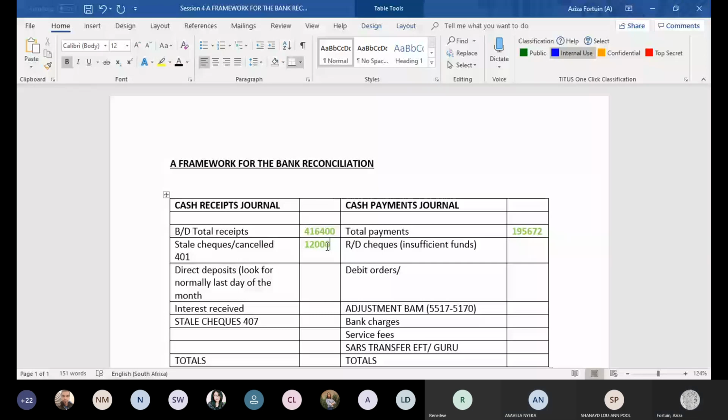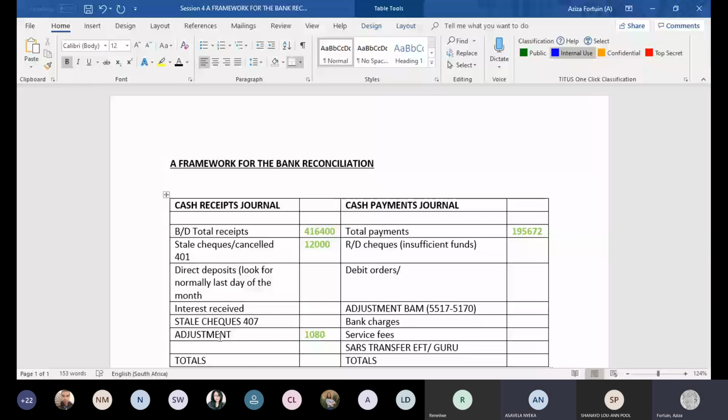We're going to correct the error on the cash receipt journal. Let's call this an adjustment. It is for 1,080.